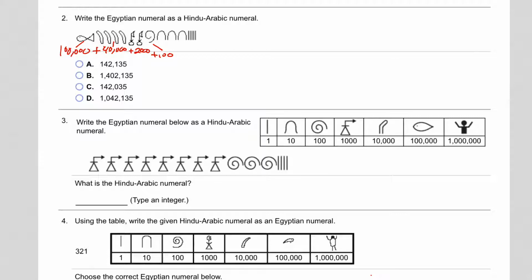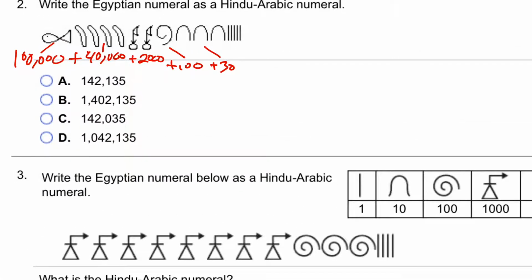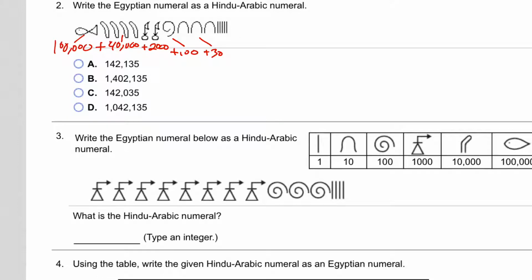We have 3 symbols for the tens, so that's 30. And then we have 1, 2, 3, 4, 5 symbols for the 1, so that is a 5. Okay, so final results will be 100,000, 42,135, and that would be this one right here.